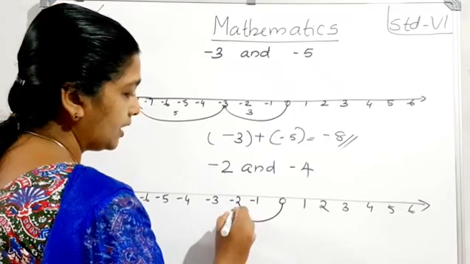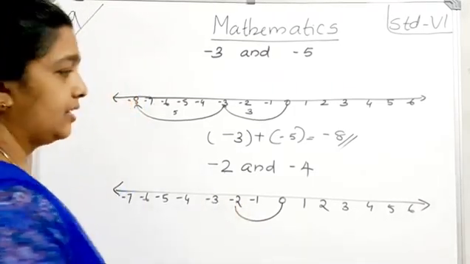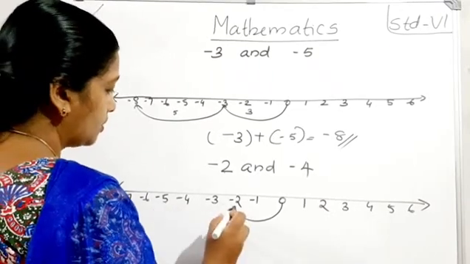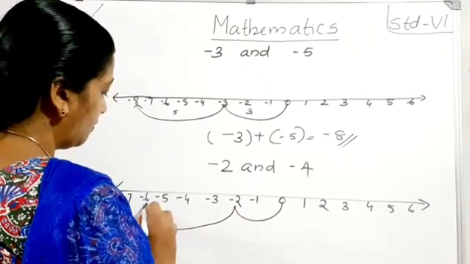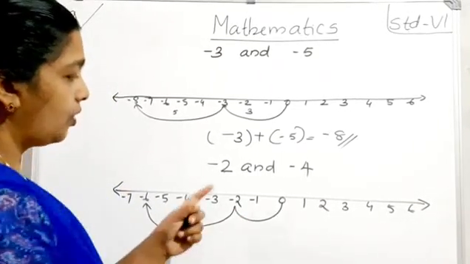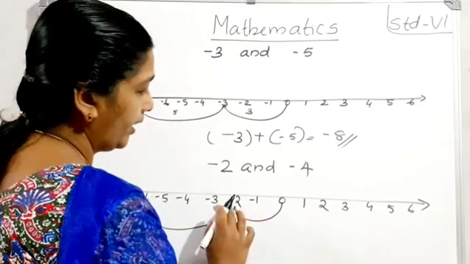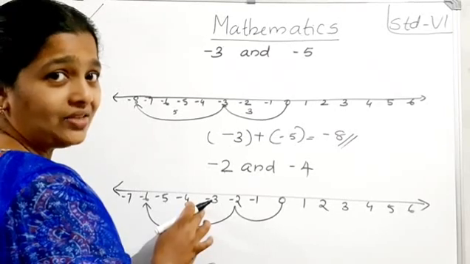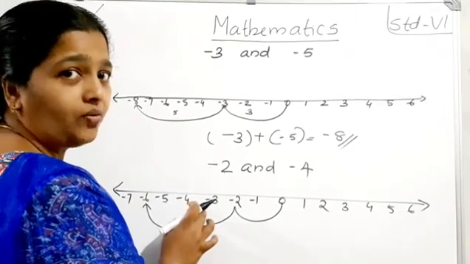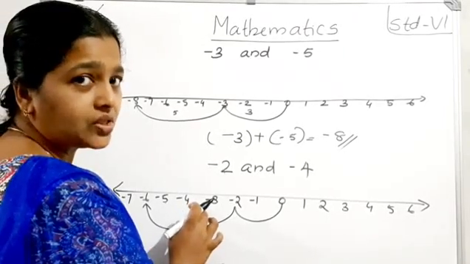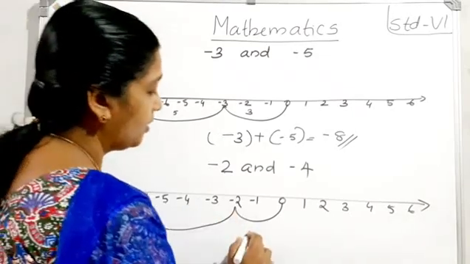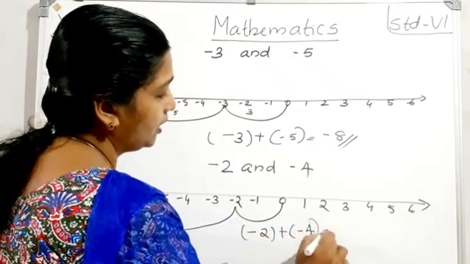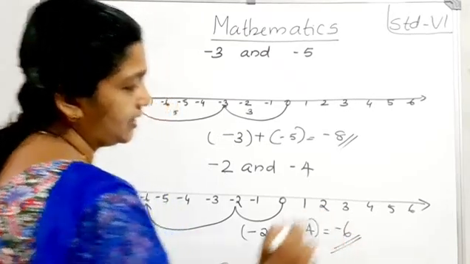So this is minus 2. Then from there 4 divisions: 1, 2, 3, 4. So minus 2, then minus 4 divisions. Here 2, then here 4, and here negative numbers. Clear? So we must put the negative symbol also. Understand? Yes, that equal minus 2 plus minus 4 equal minus 6.